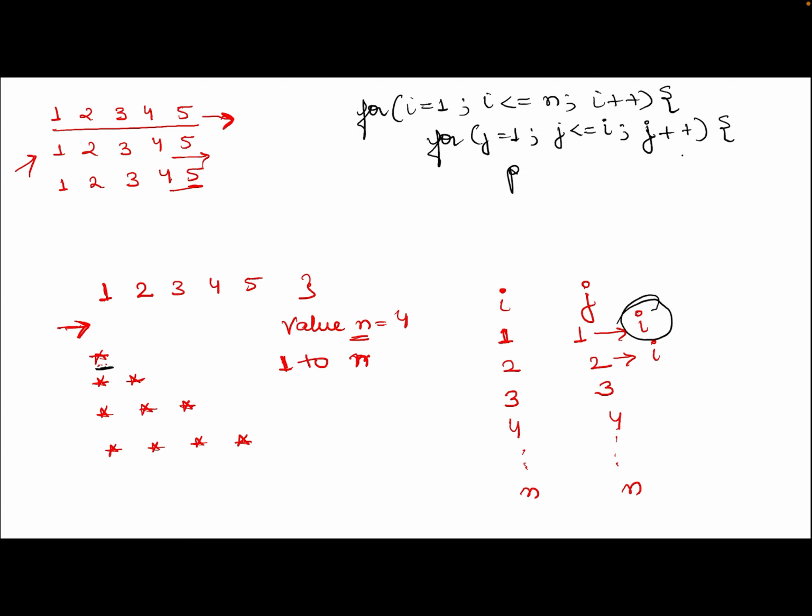And I should print a star. Once I execute this, control should come to the next line. So I also print the new line character \n. Okay, this was easy.